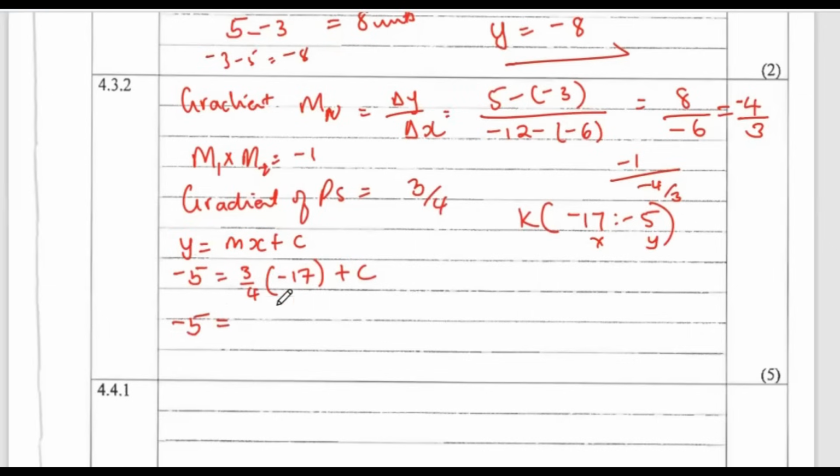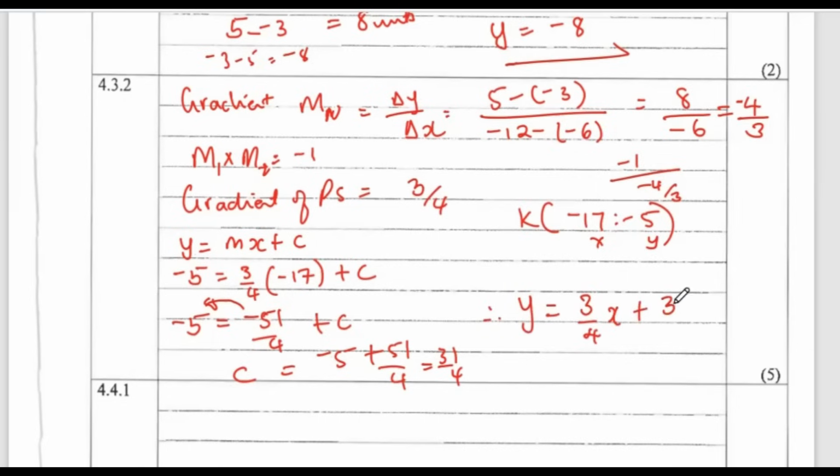When I simplify that, I'm getting -51/4 plus c. Then I'll move this -51/4 to that side to make c the subject. So it's -5 plus 51/4. That's going to give me positive 31/4. That's my c. So which means my y is going to be 3/4x plus 31/4. Bingo, done.